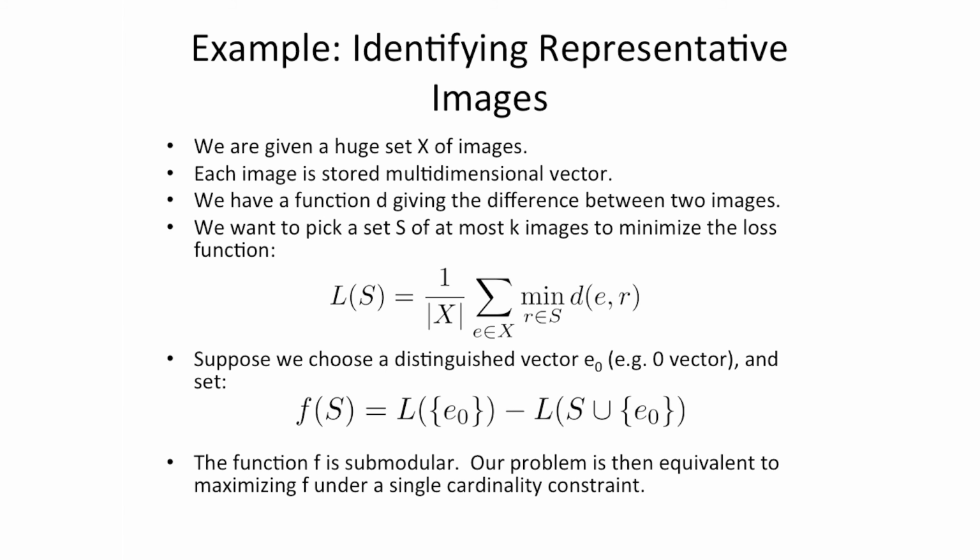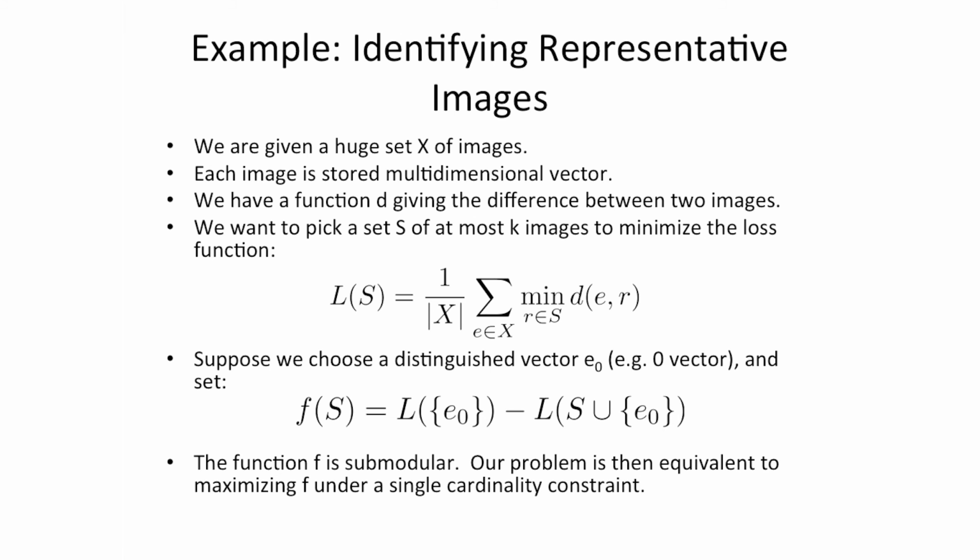Okay, so this objective is actually supermodular, and we're interested in minimizing it. What we can do to make it a submodular maximization is flip it. The way we do this is by picking a single distinguished vector, let's say e0, so this could be the zero vector, and define a function f to be the loss of this single vector minus the loss of adding this single vector to an entire set S. Okay.